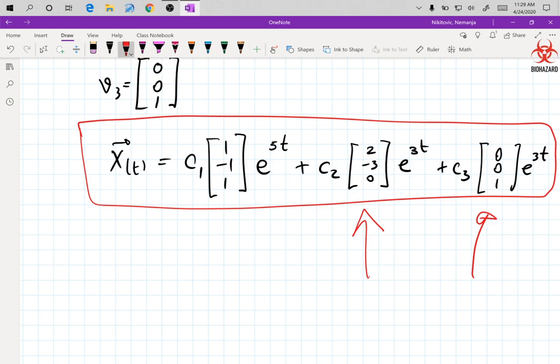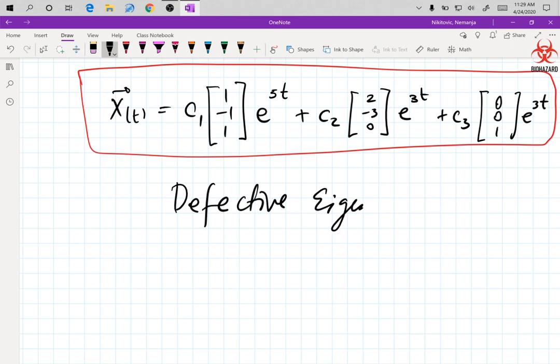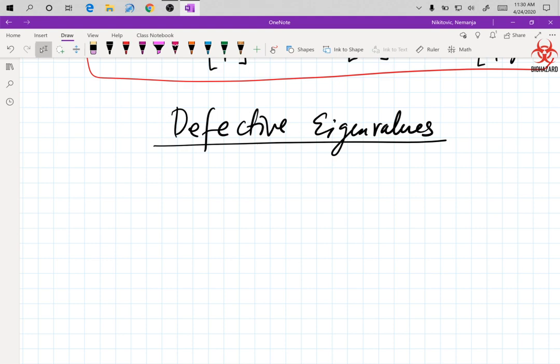Now, for our second example, when we deal with defective eigenvalues, we are going to run into that. Defective eigenvalues. We are going to deal with that.